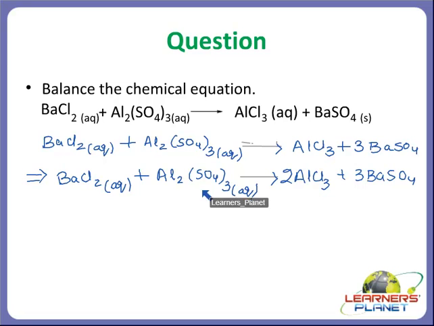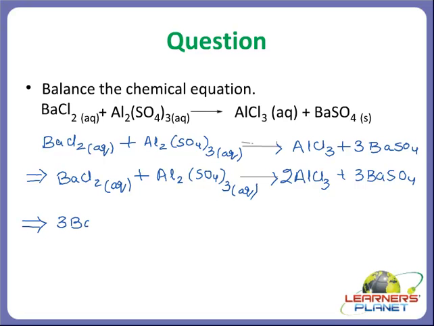Now in this case, students, what is left which is unbalanced? 2 aluminium LHS, 2 aluminium RHS, 3 sulfate LHS, 3 sulfate RHS. Chlorine: there are 6 chlorine on the RHS side, right? What about this side? There is only 2. There are 3 barium on RHS side. What about barium on LHS? There is only 1. So what can I do here, children?